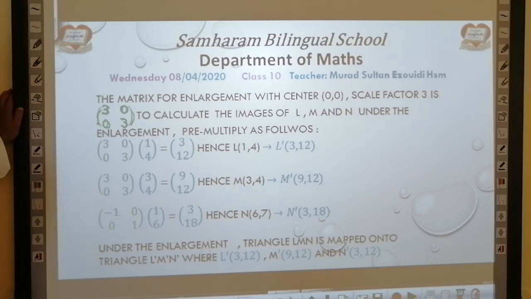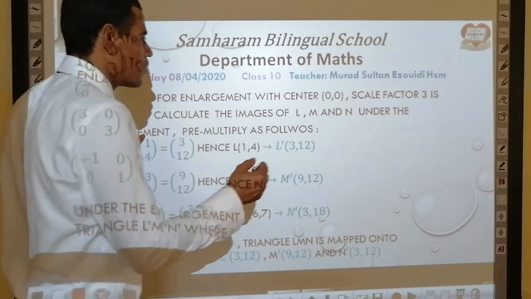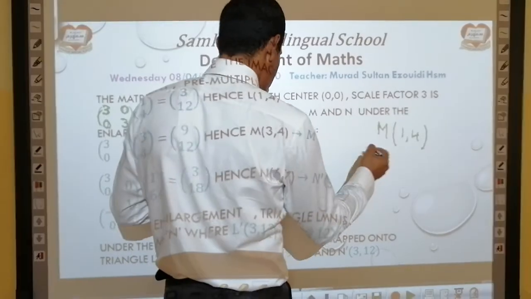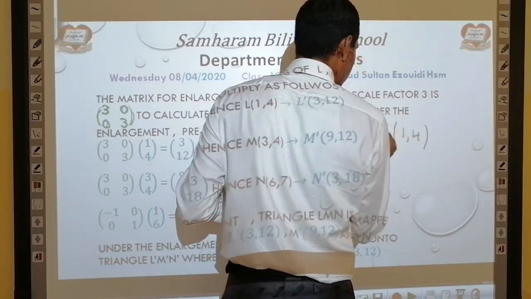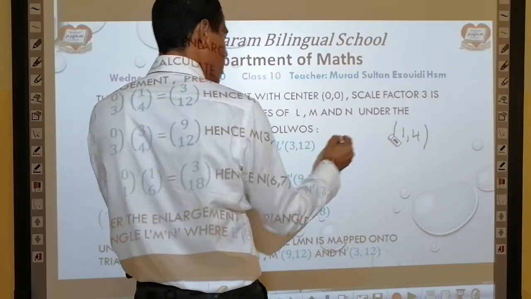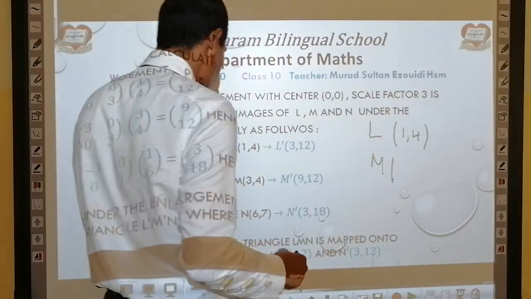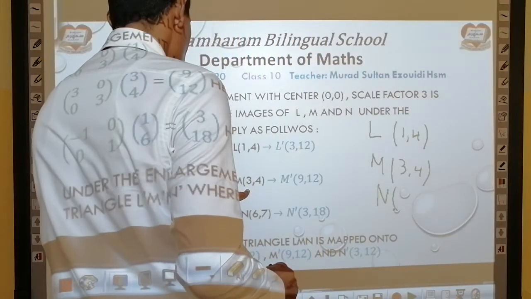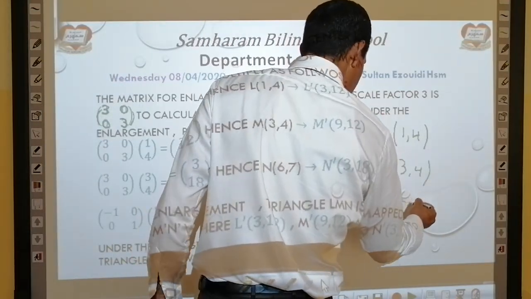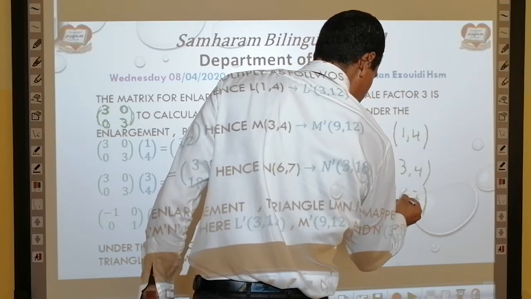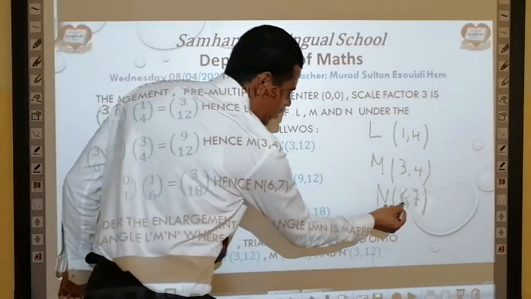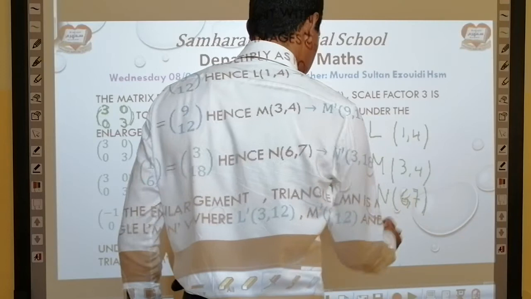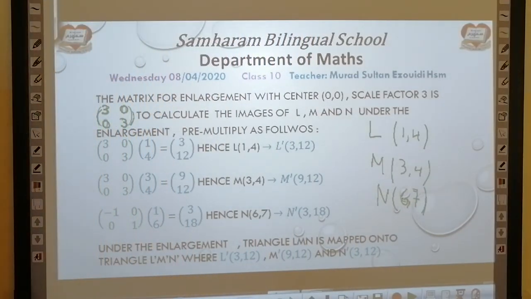And the points L, M, N have coordinates: L is 1, 4, then M is 3, 4, and N is 6, 7. Okay. 1, 4, 3, 4, 6, 7.